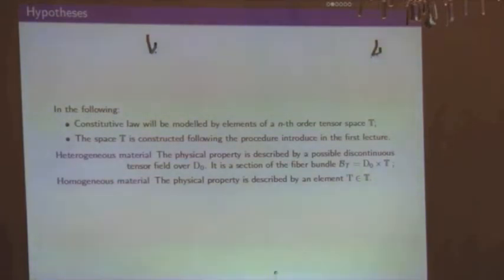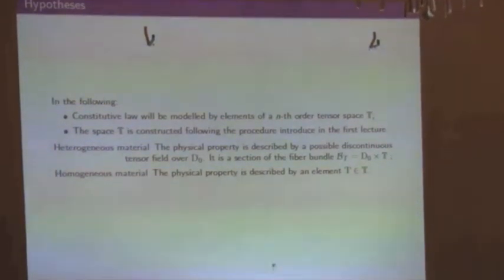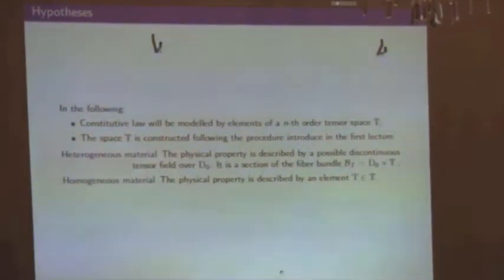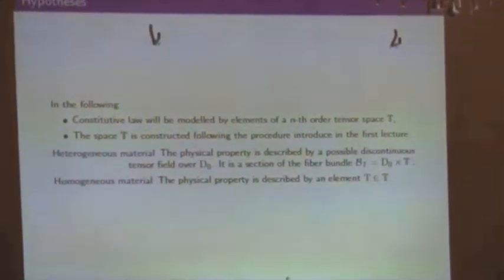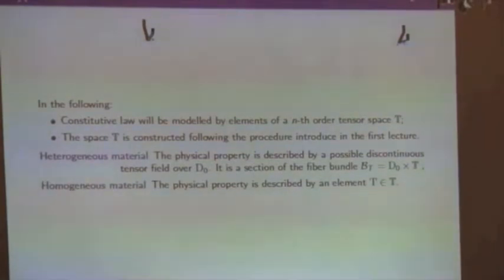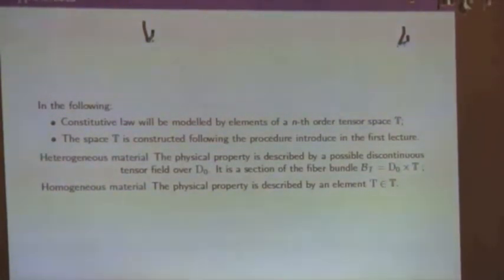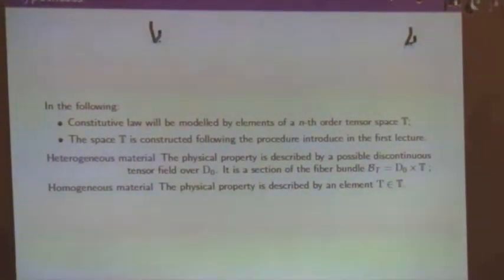If our material is heterogeneous, we have a tensor over each point of my domain. So my physical property should be referred to one special point, and the symmetry may vary from one point to the other.